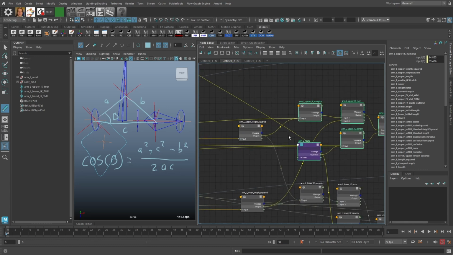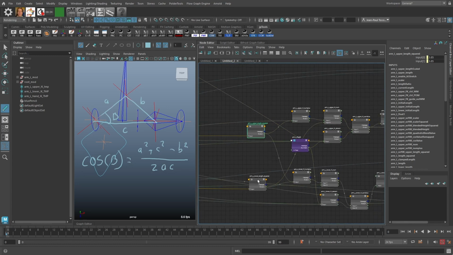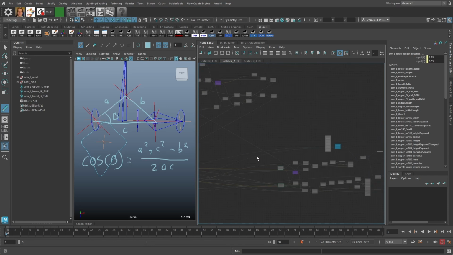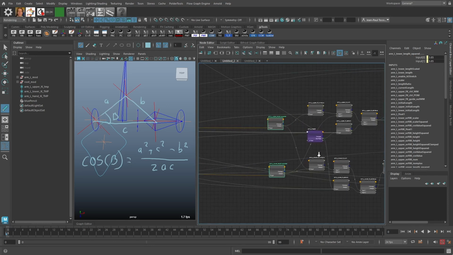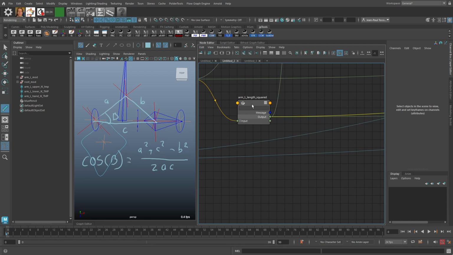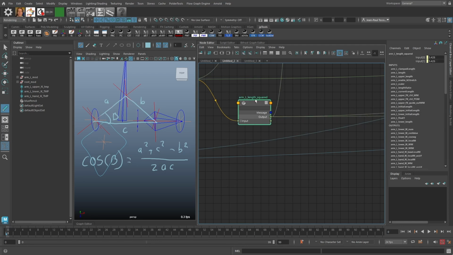So the square of the lower, or the A and B, and let's see, where is the other? Here. So this is the C squared, the arm length, the current length.